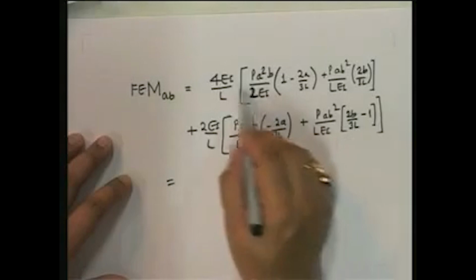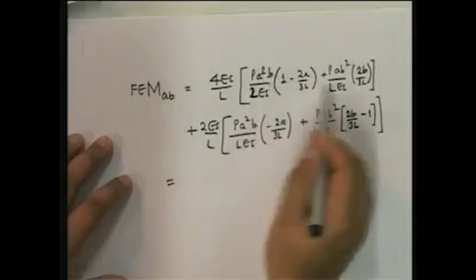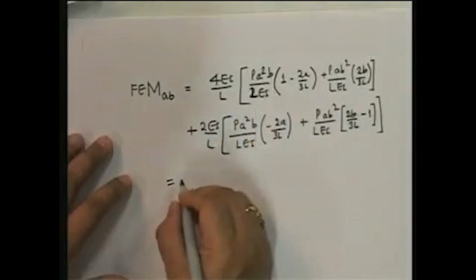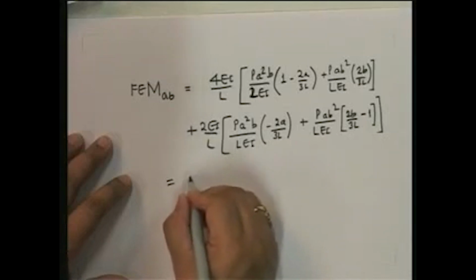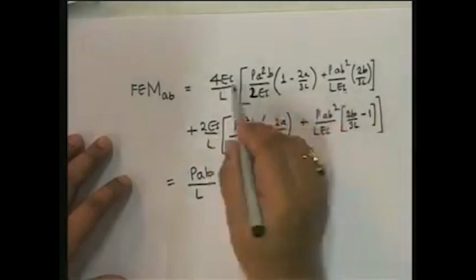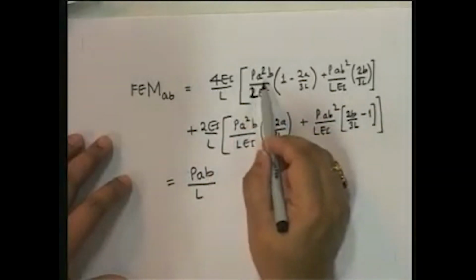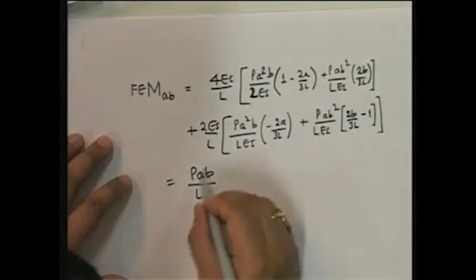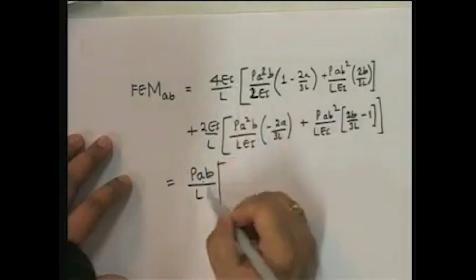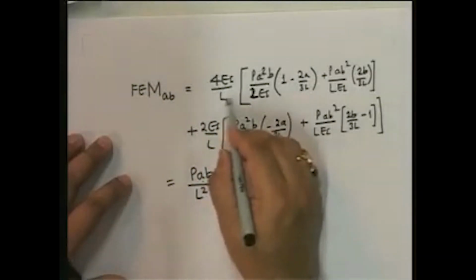So now I'm going to substitute all of these in and write it out explicitly, and then what I get is I'm going to take PAB outside, just for the sake of completeness. So I get PAB upon L. Note EI cancels out. So this is going to be AB upon L. So inside, what do I get? Note that I've taken L squared outside, L and L outside.